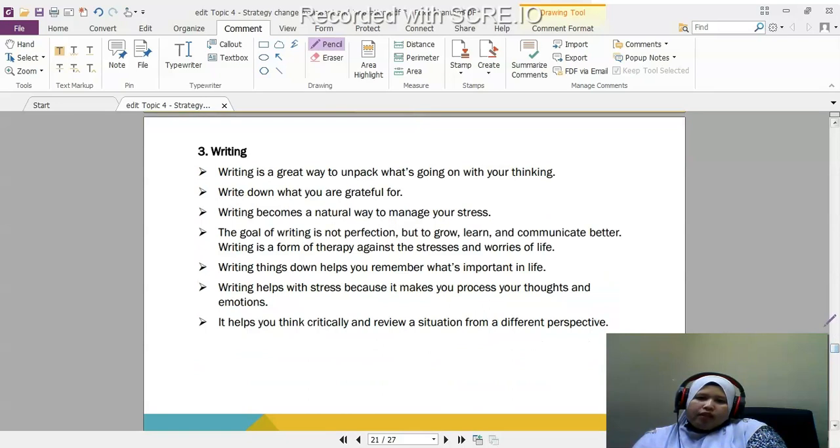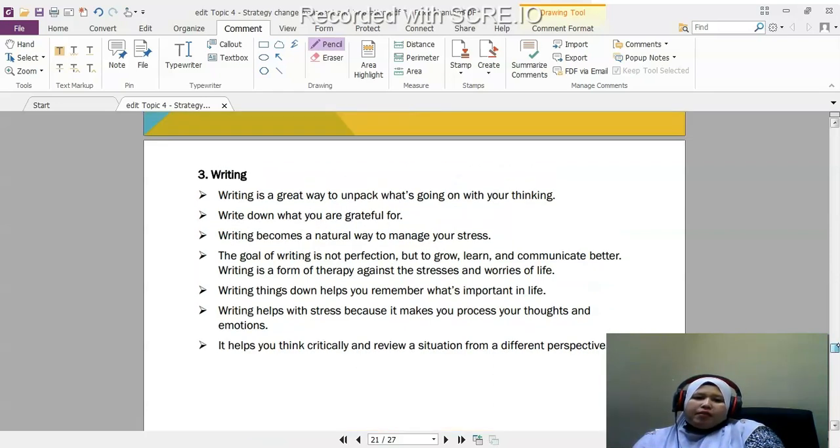Writing is also one of the things you can do to release stress. It makes you process your thoughts and emotions, and helps you think critically and review a situation from a different perspective.